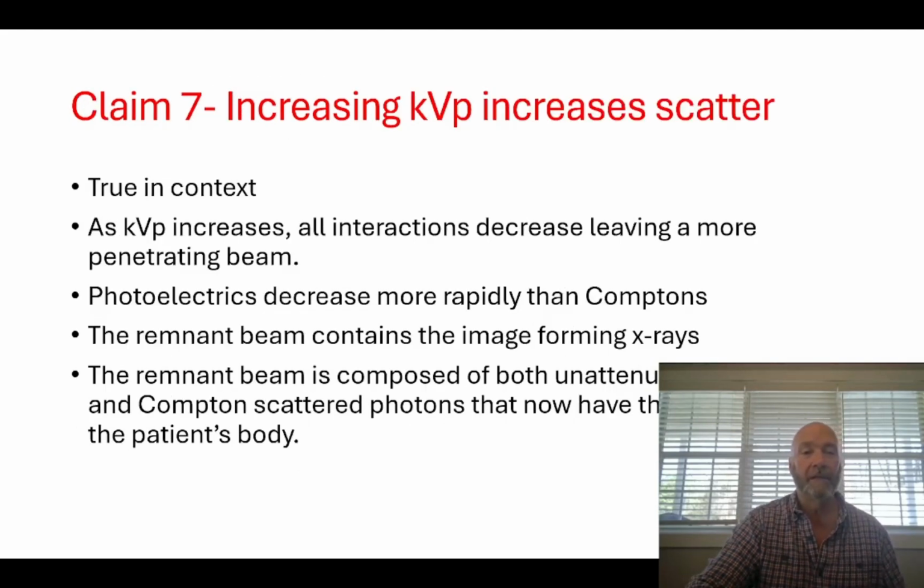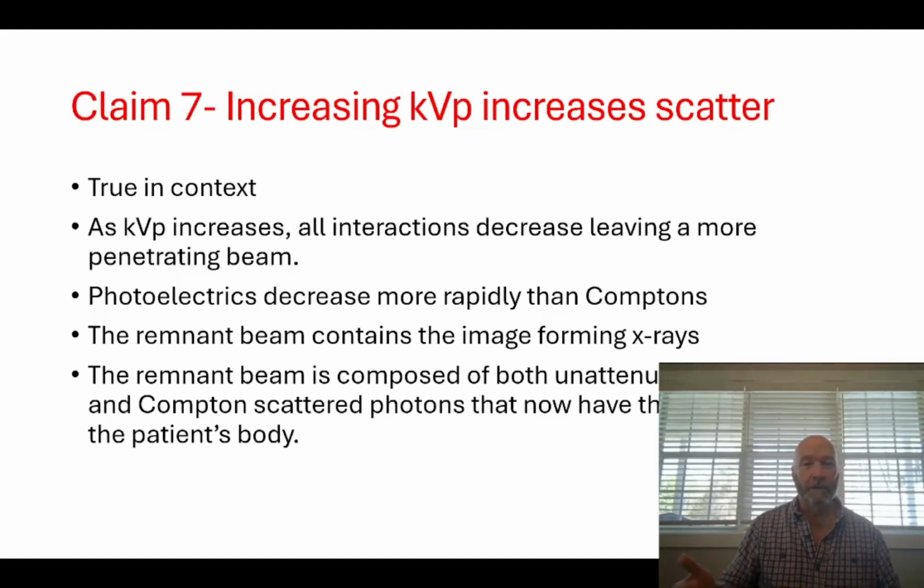So, claim number 7: increasing kVp increases scatter. Again, that's true in context. As kVp goes up, all interactions decrease, but what we get in the remnant beam is more penetration without any kind of interaction inside of the patient, but we also get higher energy scatter creation that penetrates through the patient as well.